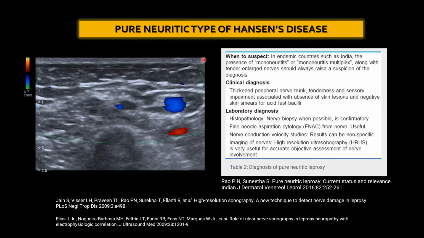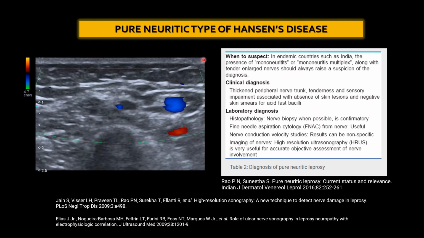Histopathology, that is nerve biopsy, is definitely confirmatory. However, it is very difficult if you have pure motor nerve involvement and it is the sole nerve which is involved. EMG NCV study results are very non-specific and FNAC is not very useful.